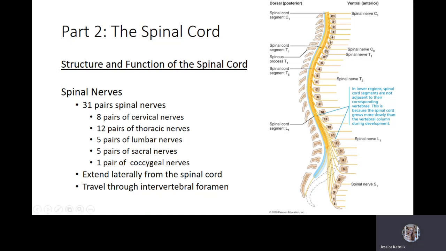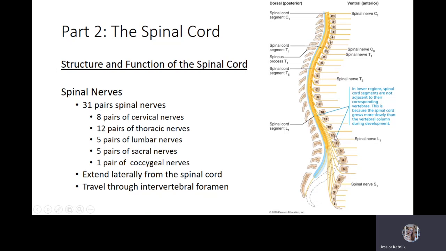For the thoracic and lumbar spinal nerves, the nerve is always going to be inferior to the vertebra that it's numbered after. So here is the T1 vertebra, and here we have the T1 spinal nerve. T2, T2, T3, T3, so on and so forth. The same goes for lumbar.